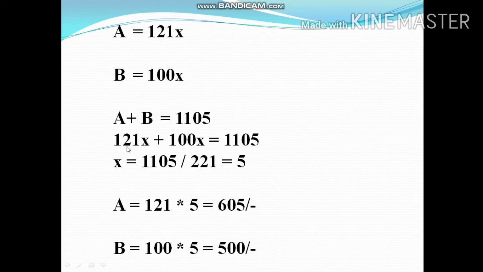Let's substitute this. 121x plus 100x is equal to 1105 rupees. So x is equal to 1105 by 221, that is equal to 5. So the principal amount received by A is 121 into 5, that is 605 rupees. Principal received by B is 100 into 5, that is 500 rupees.